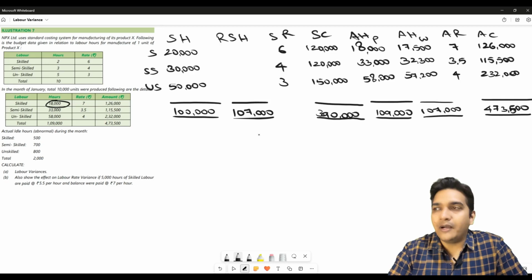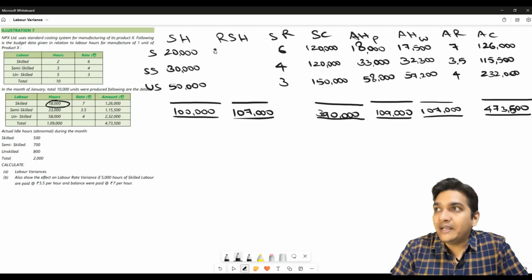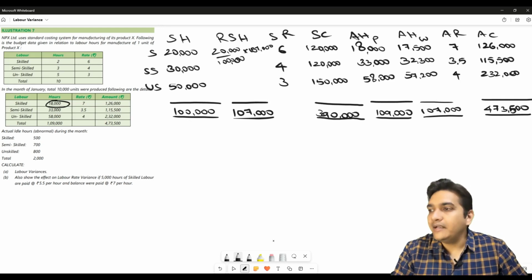So now to compute this, we will take 20,000 divided by 1 lakh into 107, and we will get the revised standard hours.